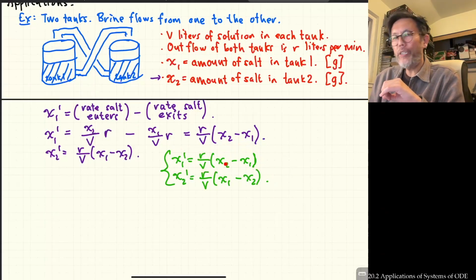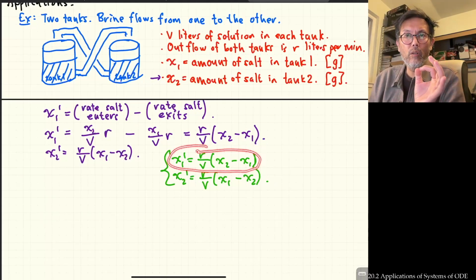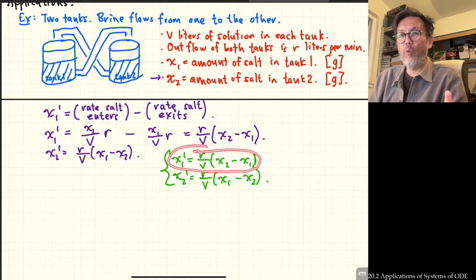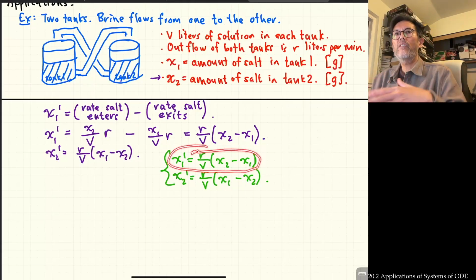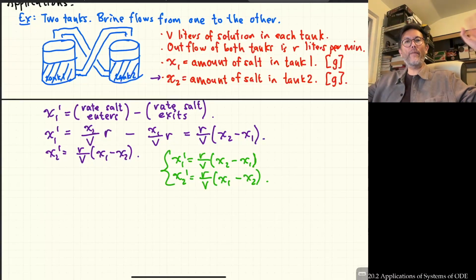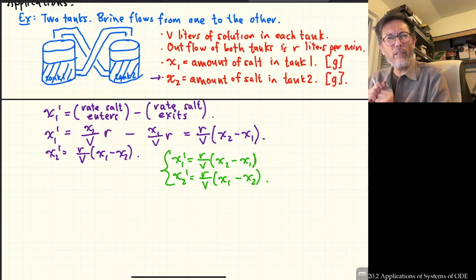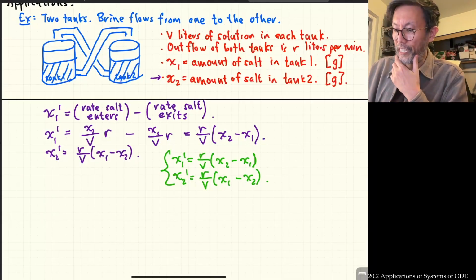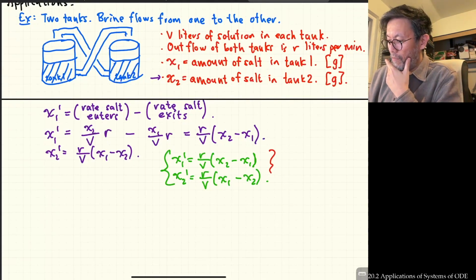But the fact that we don't see terms like x1 times x2, or x2 squared, or sine of x2 or sine of x1, and that these terms are separated and there's only one instance of each in these equations, suggests that this is a first order linear system of equations.